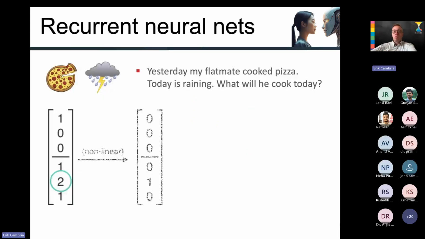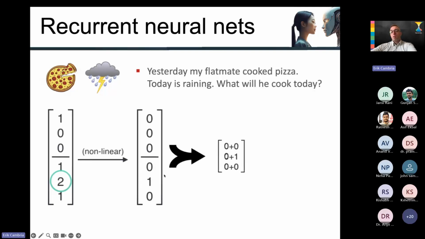So I need to do some nonlinear operations to convert these to something that I know. I can, for example, do -1 everywhere. And then, when I merge these two pieces of information together, I get my 010. So this is a very simplistic example.